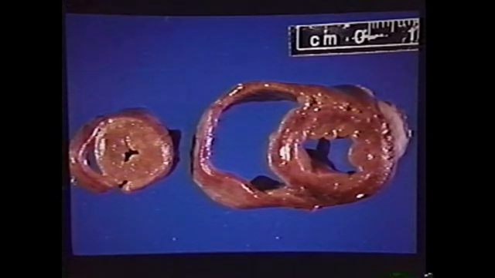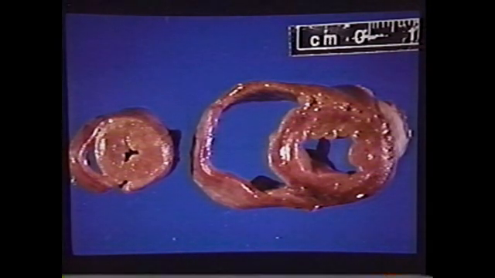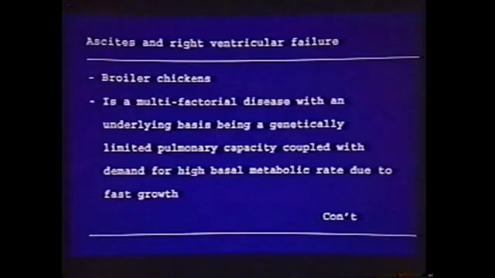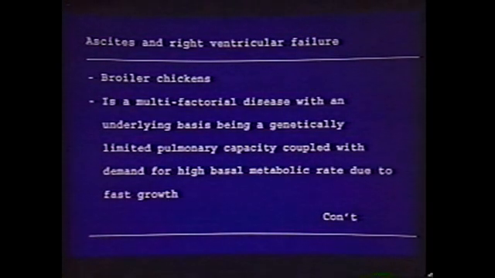I pulled the wall of the right ventricle to the side just to show you the maximum size in a normal bird versus this one, maybe 4 or 5 times the normal size. Ascites due to right ventricular failure, as common in broiler chickens, is a multifactorial disease. Okay, I lost the.